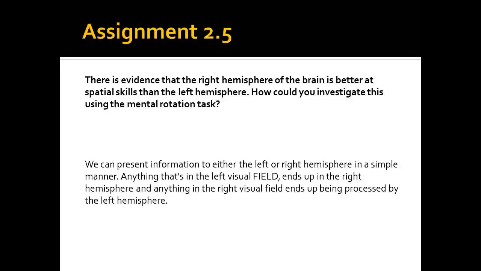Here's an example. You're going to try it. So stay focused on the fixation point and see if you can tell whether the items are identical. Identical here means rotated or mirrored, or whether they are actually different items.